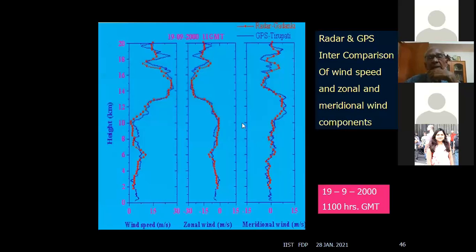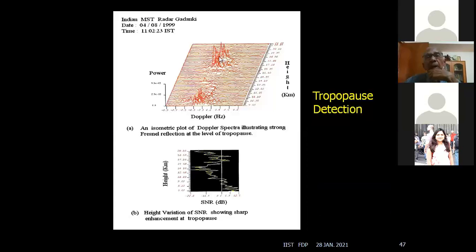This is from the Fresnel reflection. At the tropopause, there is a strong gradient in the temperature, so there is a strong refractivity gradient. In this isometric plot, the signal falls off very rapidly almost to noise level, then picks up again close to the tropopause and falls off in the stratosphere.